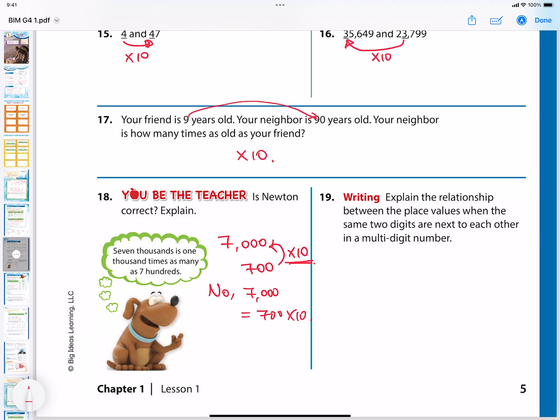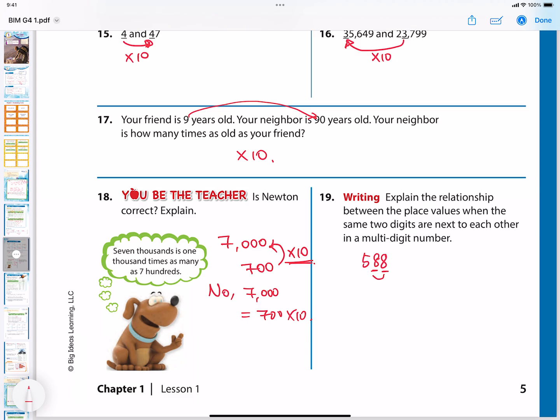Okay, number 19. Explain the relationship between the place values when the same 2 digits are next to each other in a multi-digit number. So which means, let's say 588. Okay, and they're asking you explain the relationship between the place values when the same 2 digits 80 and 8 are next to each other.